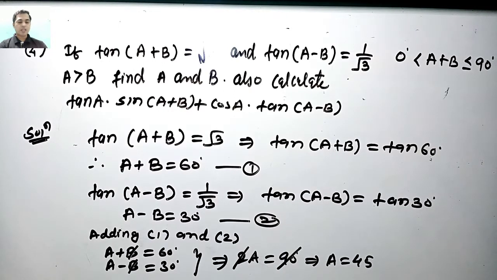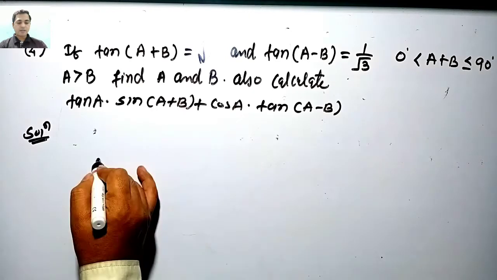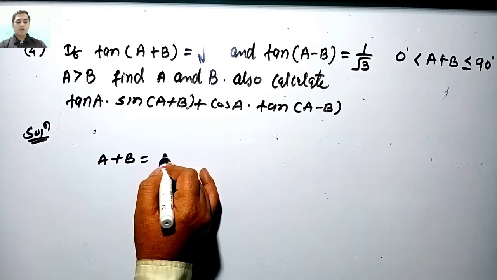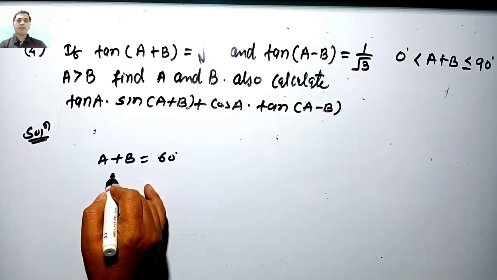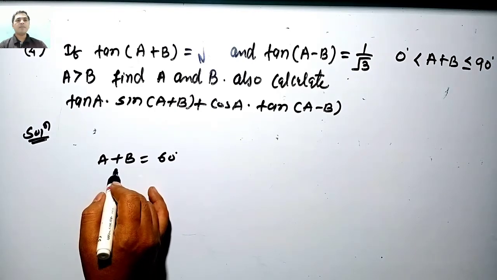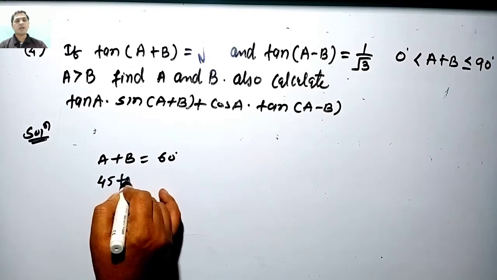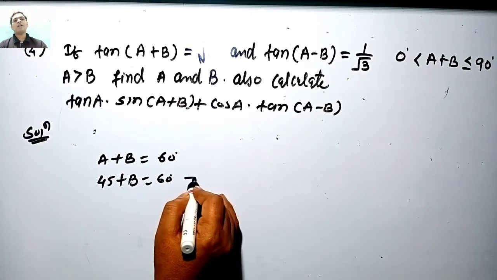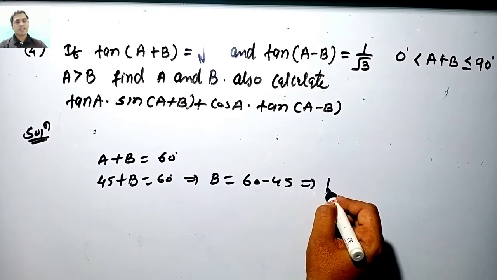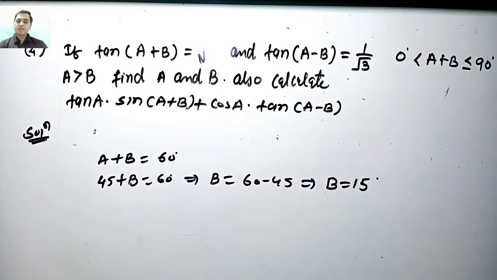Now we will clean this slide and move to the next, and we put this value in equation 1. So in equation 1, a plus b is 60 degree. The value of a is 45. So the value of b will be 60 minus 45. So the value of b is 15 degree.